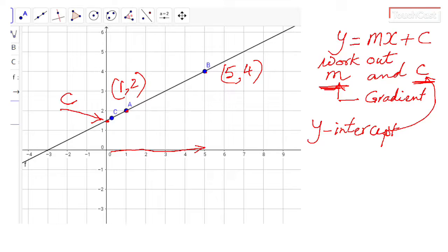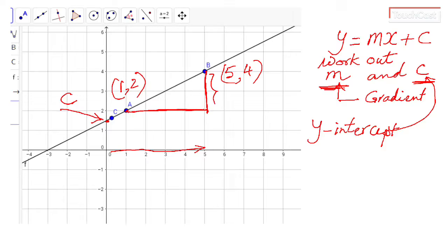Now around those 2 points, I'm going to draw a right angle triangle. Some of the people may not want to do it because they are quite proficient, experienced people. They don't have to draw that triangle, but for the beginners, it's a good idea to draw this triangle.